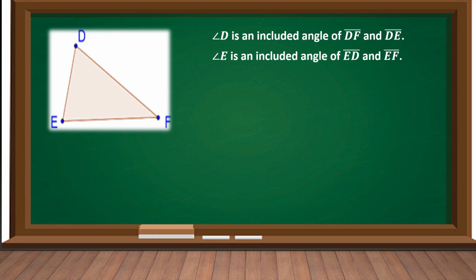Second, angle E is an included angle of side ED and side EF. While angle F is an included angle of side FD and side FE.